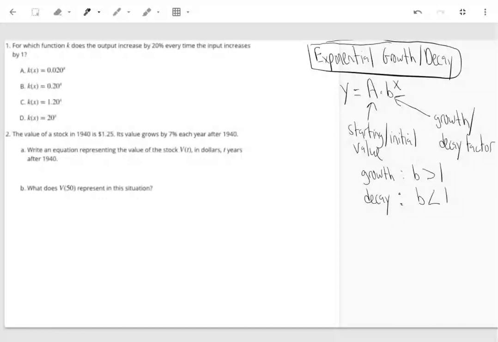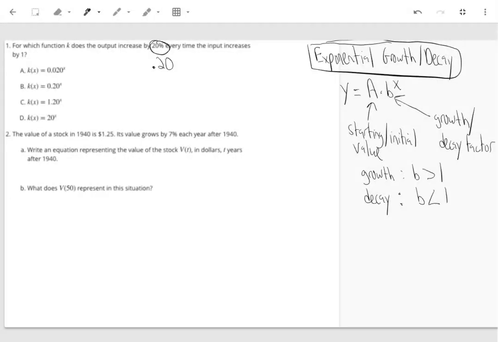Okay, let's take a look at number 1 here. For which function k does the output increase by 20% every time the input increases? First of all, we should know that 20% is 0.20 as a decimal, just like 25% is 0.25, 10% is 0.10, 5% is 0.05, and so on.